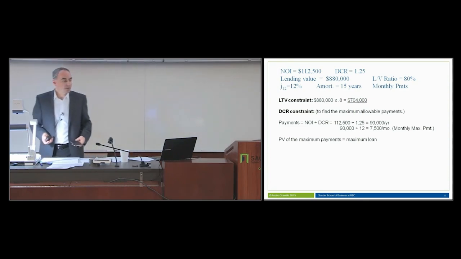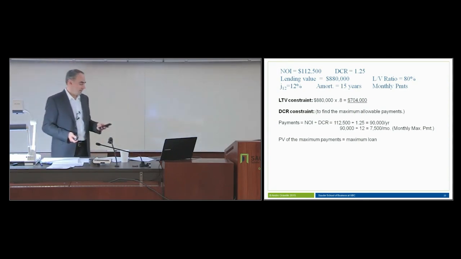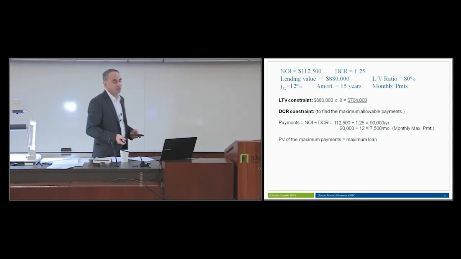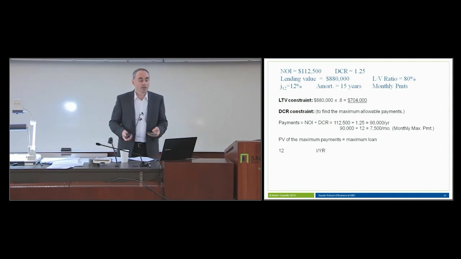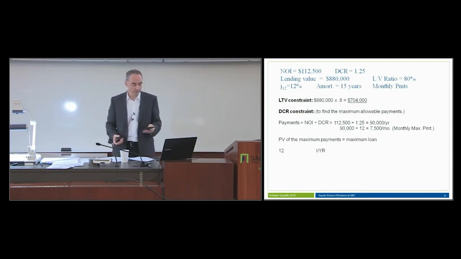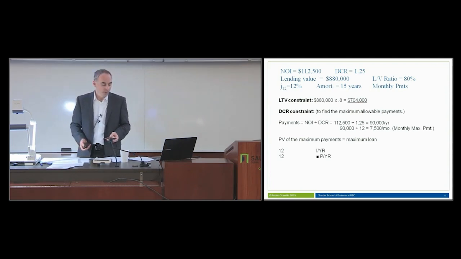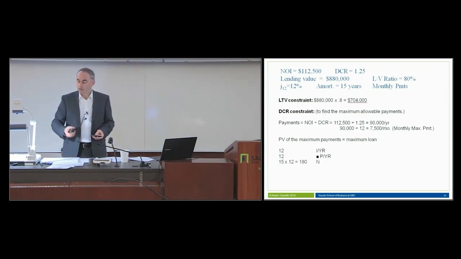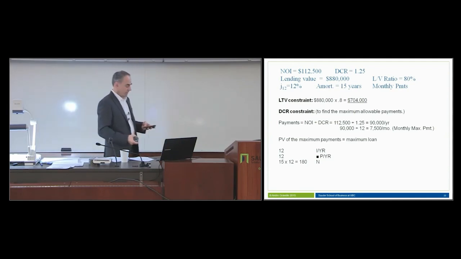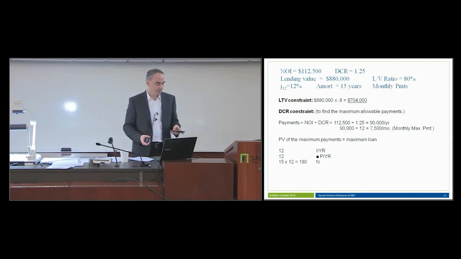The interest rate given in the question is 12%. So 12% is interest rate per year. 12 is also the periods per year. The loan is for 15 years, monthly payments, so 15 times 12, it's 180 periods.